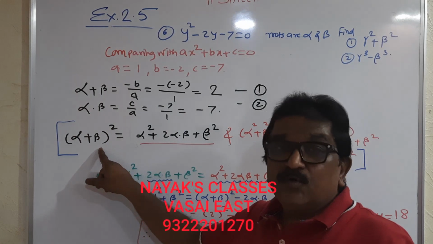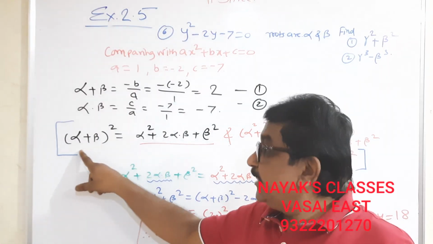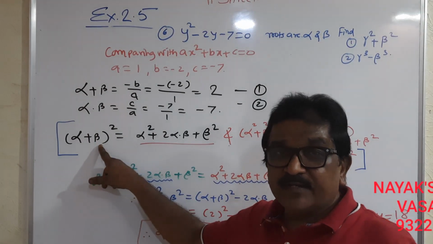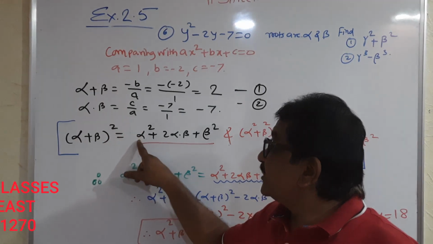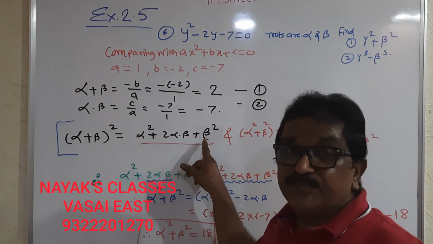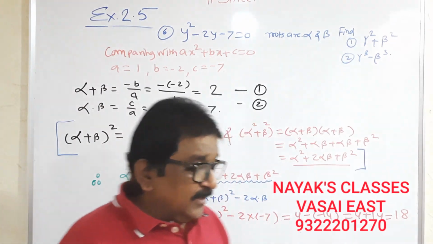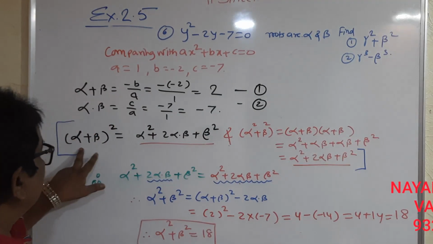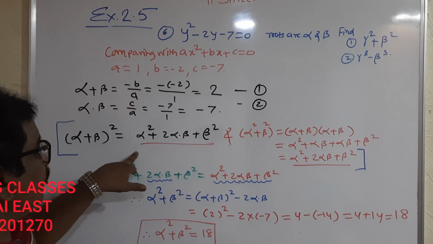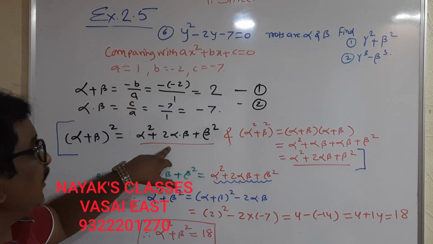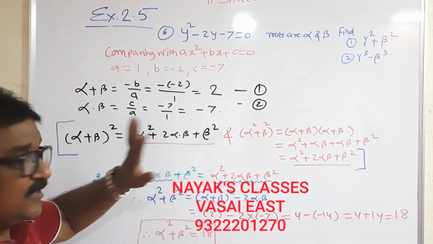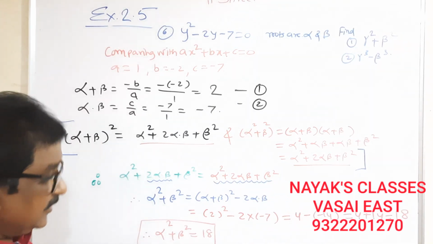A plus b the whole square is equal to a square plus 2ab plus b square. Correct?